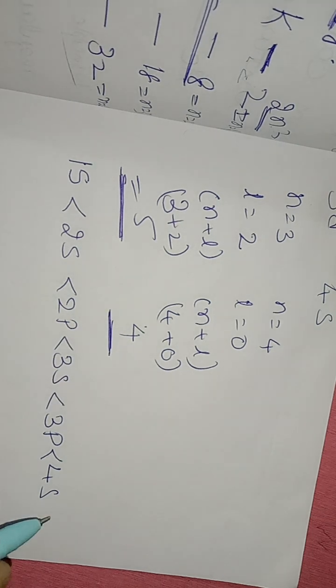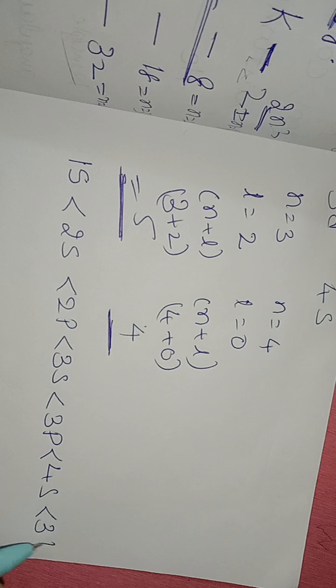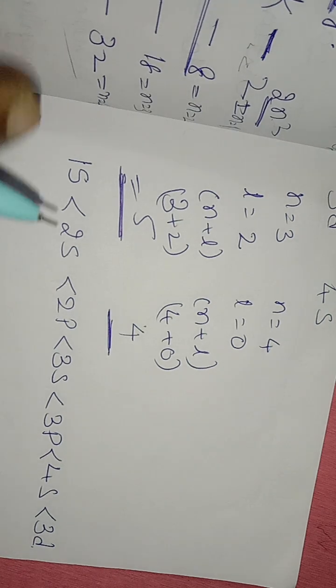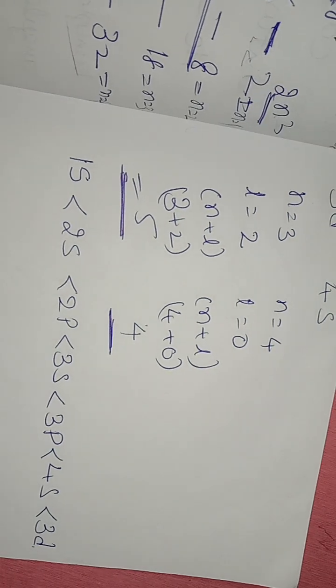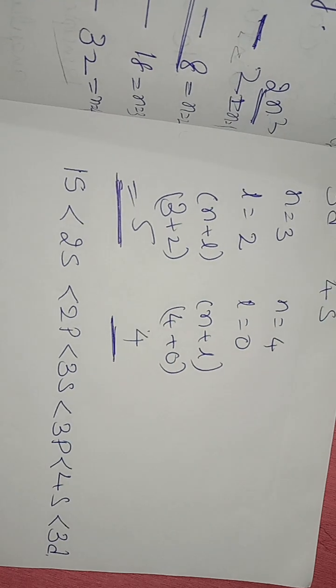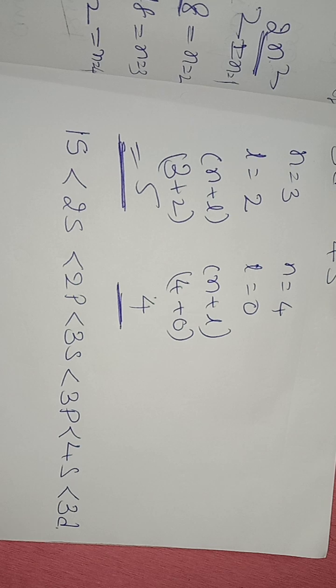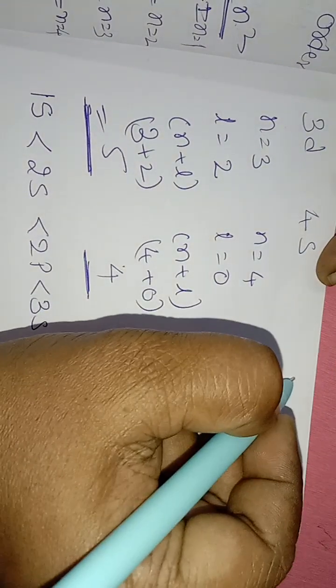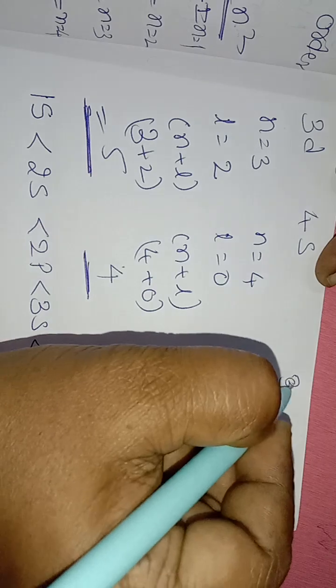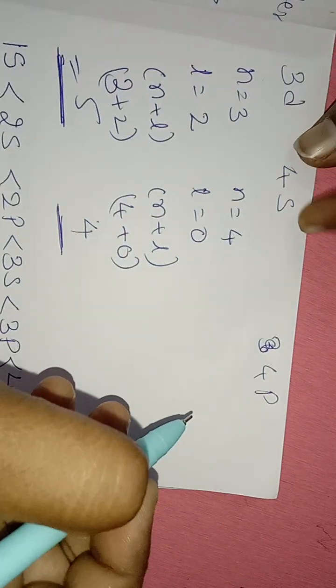Okay, 4s, then 3d you will get, right? Suppose two have the same L values, we'll discuss one more: 3s, 3p, 4p, 3d. All 3d finished, now we'll discuss 4p, right?